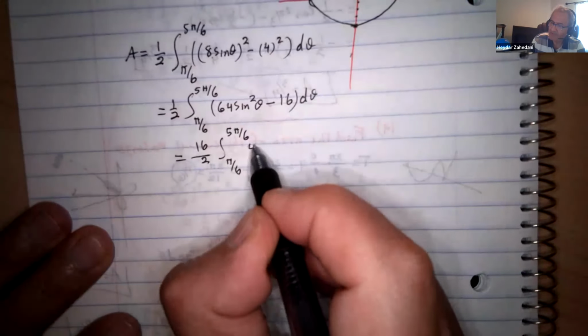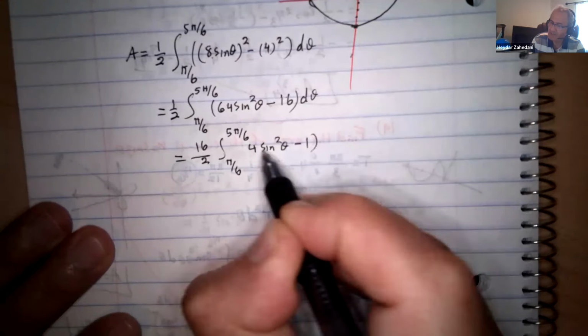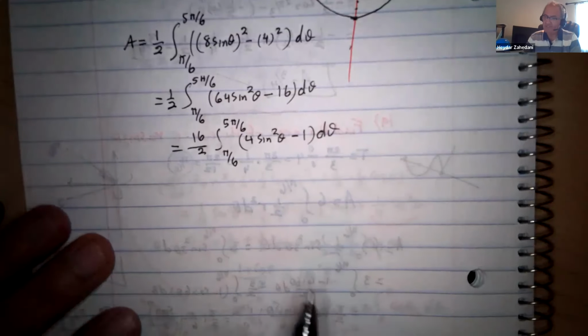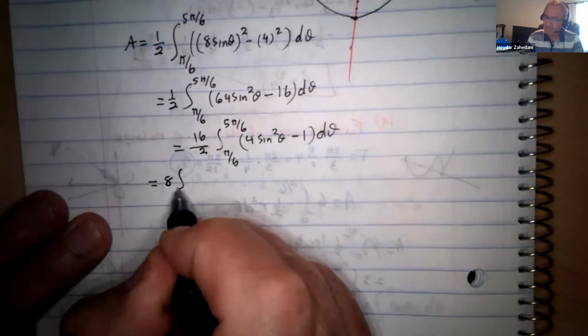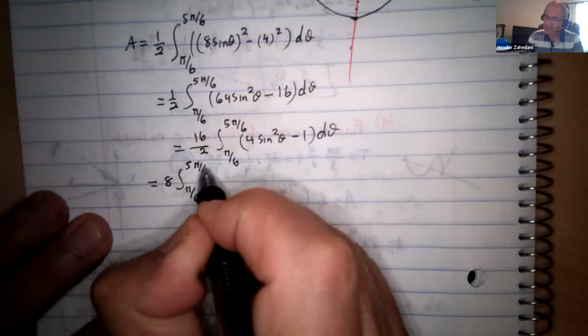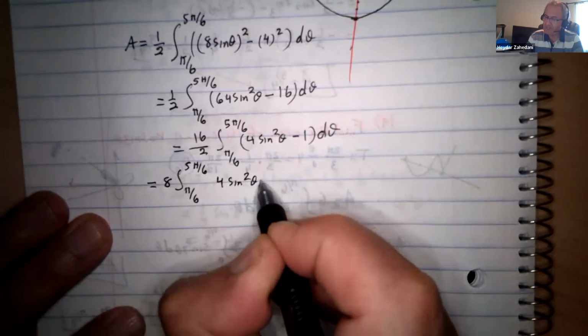Okay, so that gives you 4 sine square of theta minus 1 d theta. Then this would give you 8 integral from pi/6 to 5pi/6 of 4 sine square of theta minus 1.